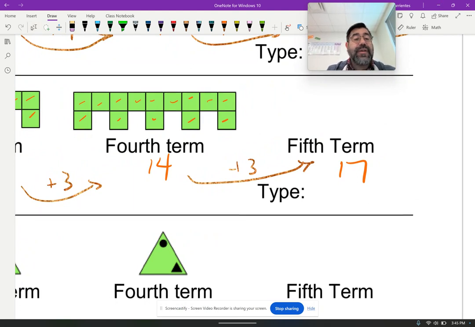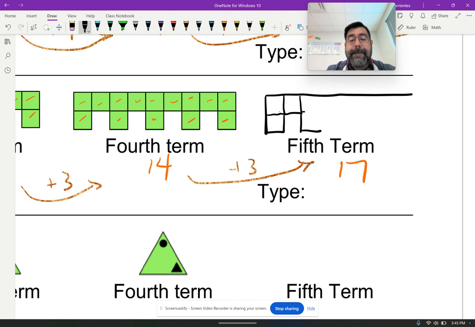So to draw the fifth term, let me use a darker color. I'm going to need, let's see. So that's this part. And then we'll keep going. It's almost like a little Tetris piece here. This part, and then keep going.